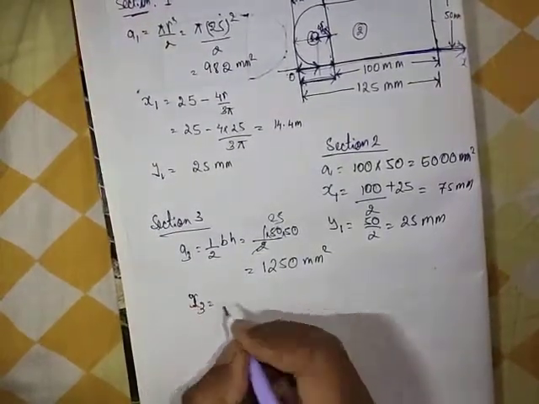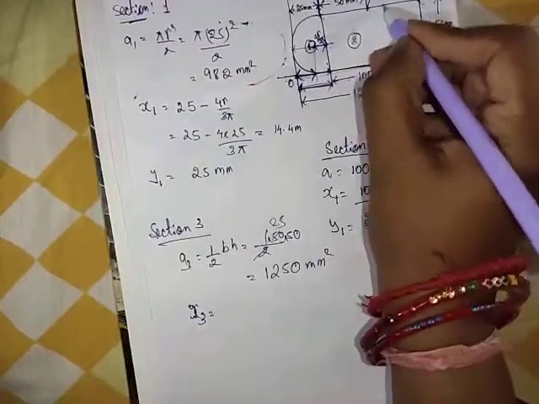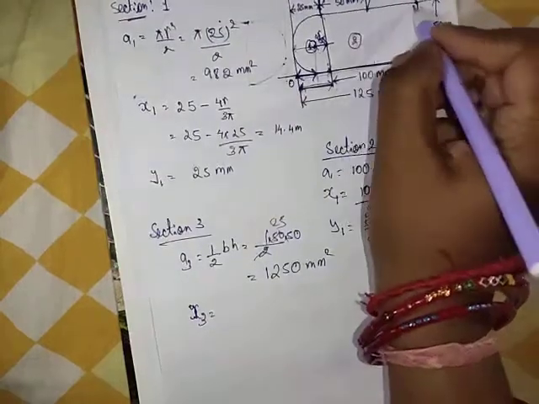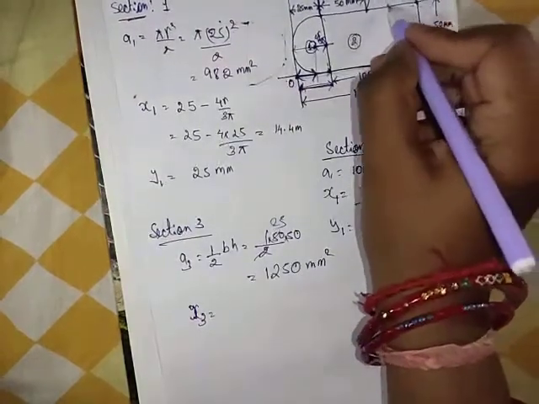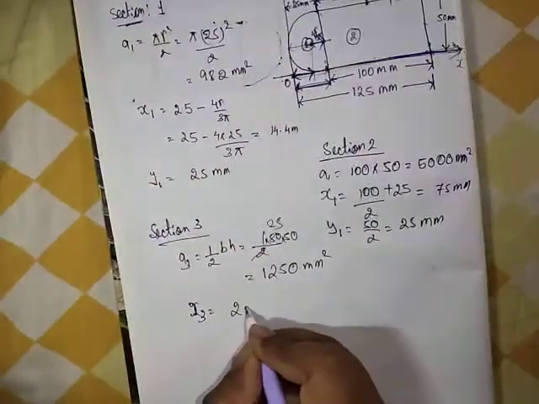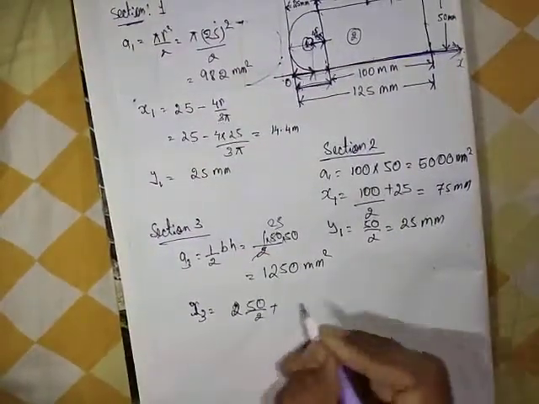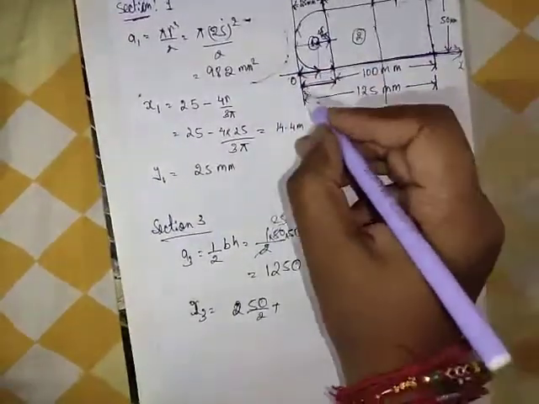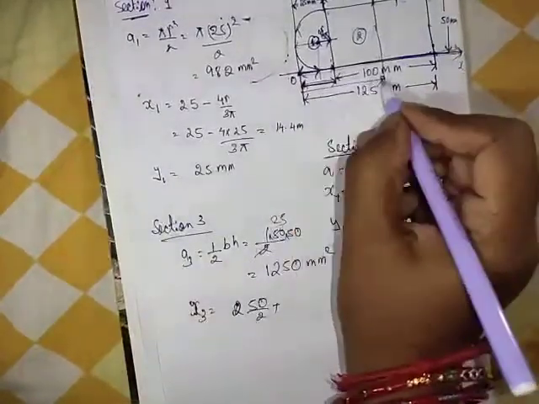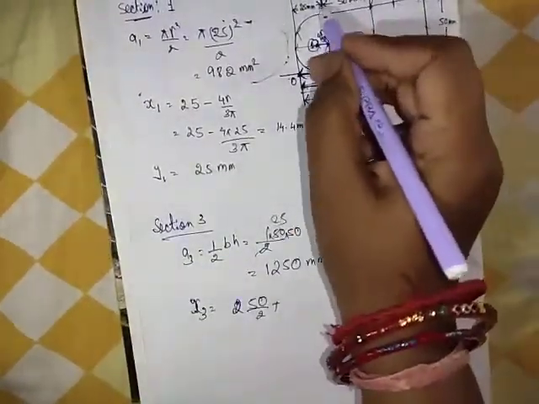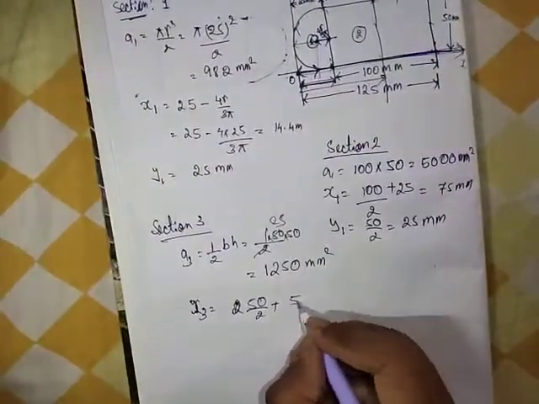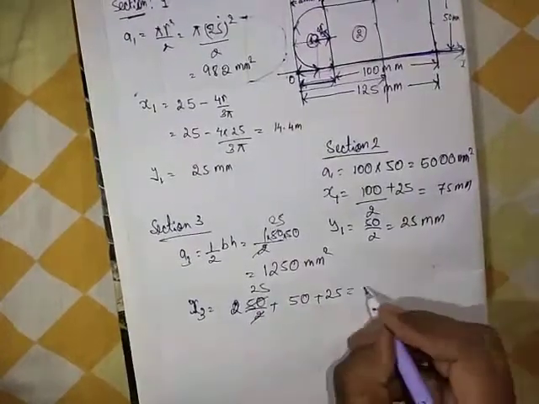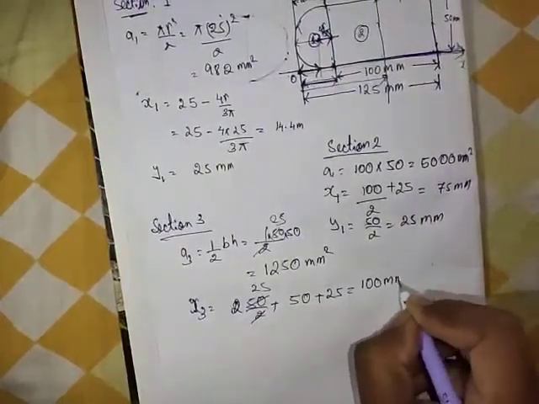Next, what is x3? X3 means this distance. So x3 is how much? If this is 50, then 50 by 2 is 25. So 50 by 2 plus, now we cannot leave this distance, so this cannot be left. This distance is 50 plus 25, that equals 100 mm.